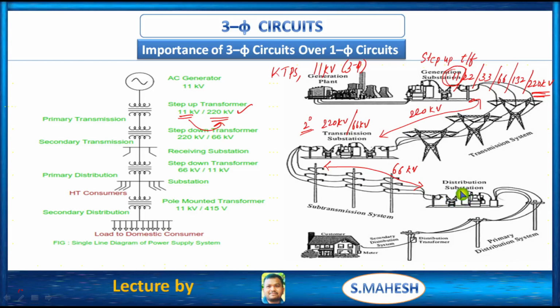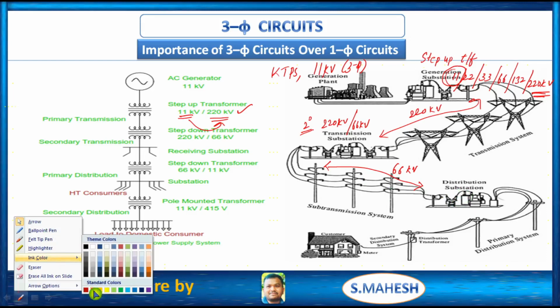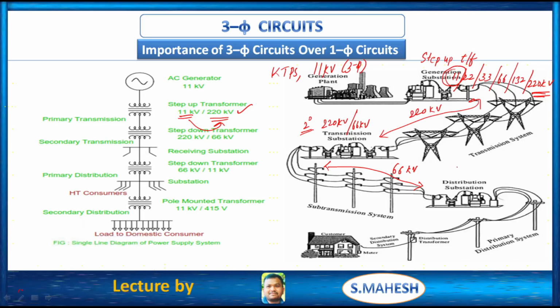At this primary distribution substation, we have a step down transformer. At this stage, we have 66 kV to 11 kV. So generator power is 11 kV. We are stepping up the voltage to 220 kV. Later it can be stepped down to 66 kV. Now it is stepped down to 11 kV.